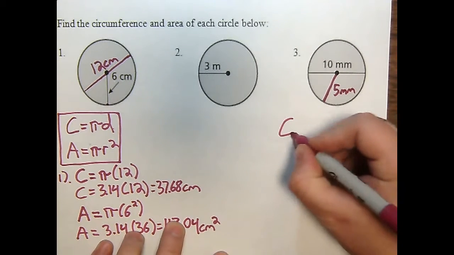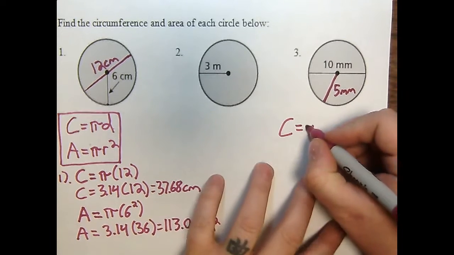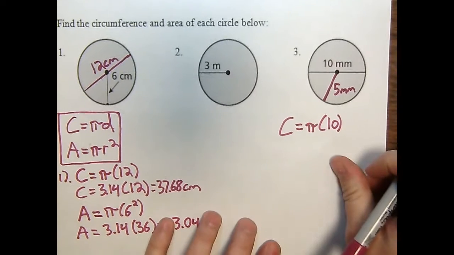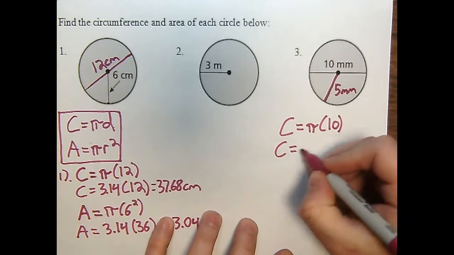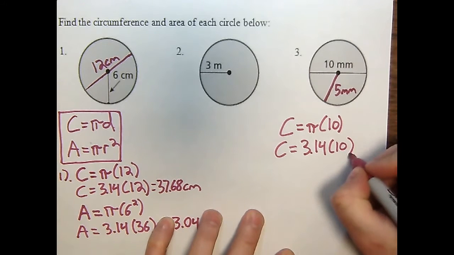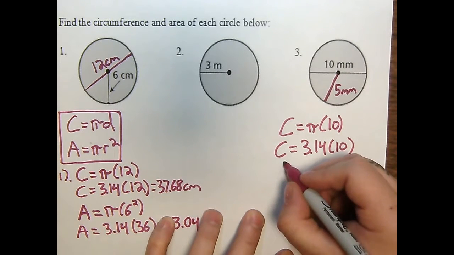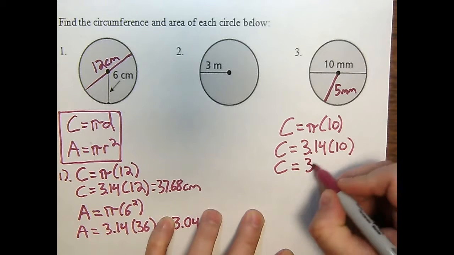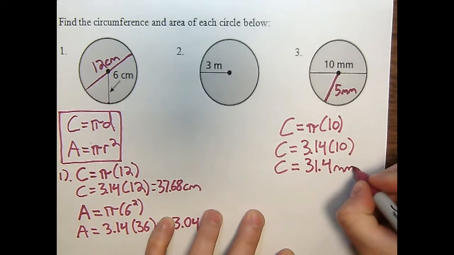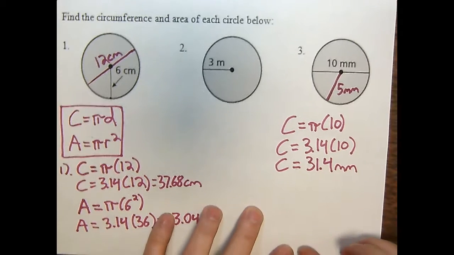So circumference equals pi times the diameter of 10. So circumference equals 3.14 times 10, or circumference equals 31.4, and we know circumference is one-dimensional, so we just have millimeters.